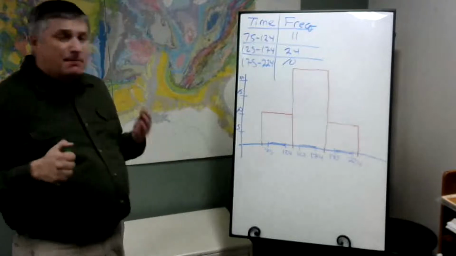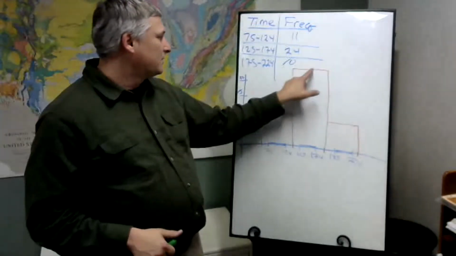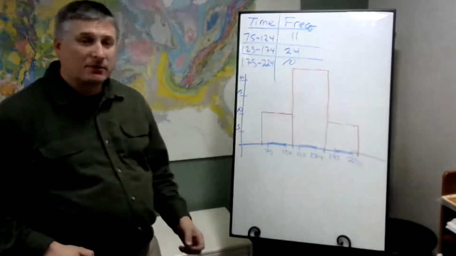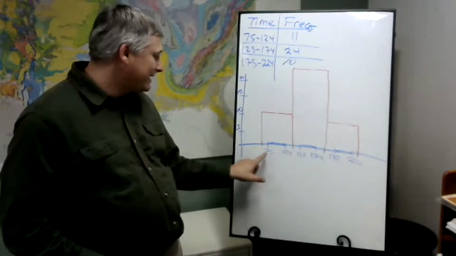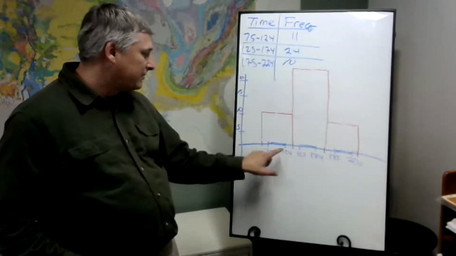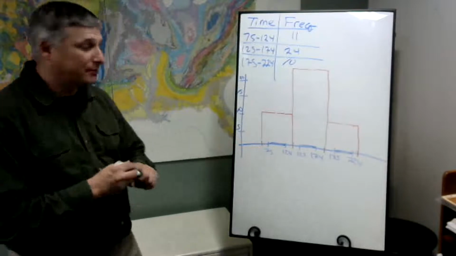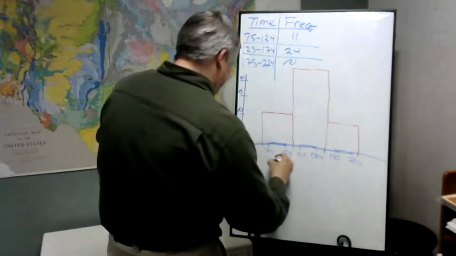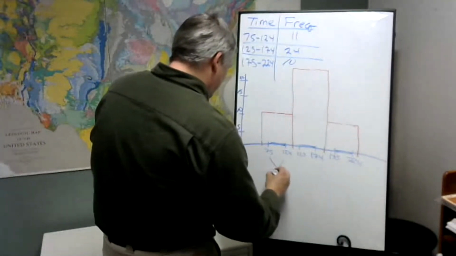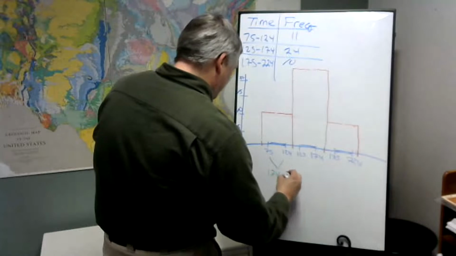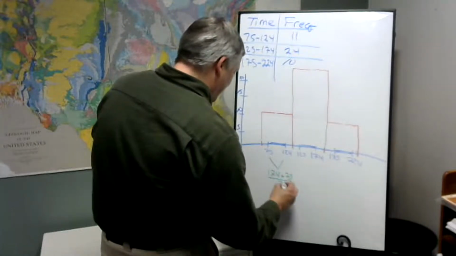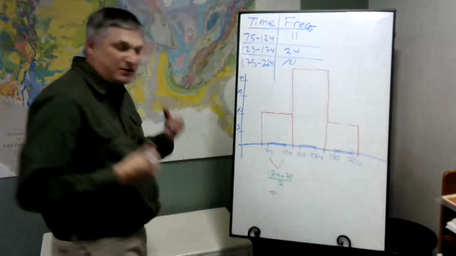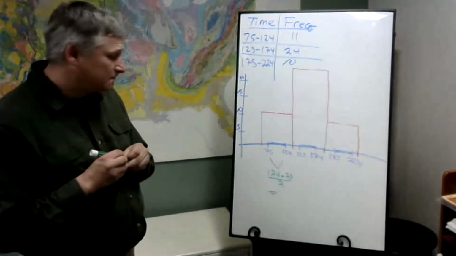So now we need the midpoints to place the points on the tops of our bars. Now the midpoints, we take the average of the upper class limit and the lower class limit. So 124 plus 75 divided by 2, or we just add them together and divide by 2.